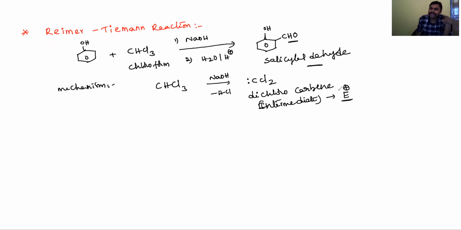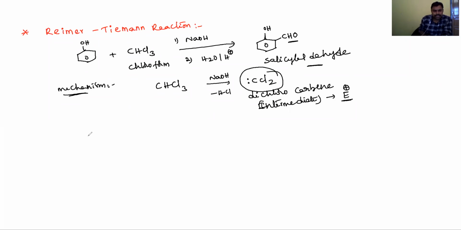This electrophile attacks the benzene ring, and on further hydrolysis produces salicylaldehyde, or orthohydroxy benzaldehyde. So you have to remember what intermediate is forming: dichlorocarbene. The mechanism you already know, it's not a big problem.